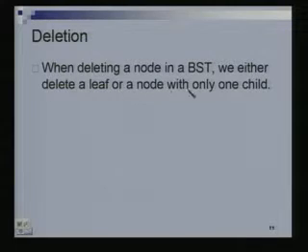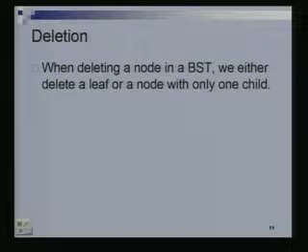So the actual node that you end up deleting is either a leaf node or a node with only one child, right? Everyone agrees? Okay, now what is a node which has only one child?